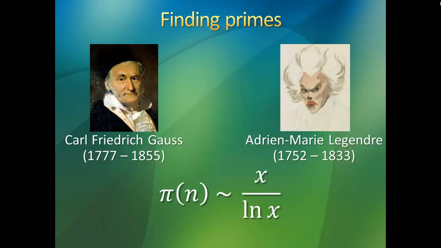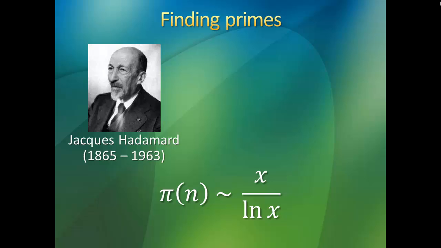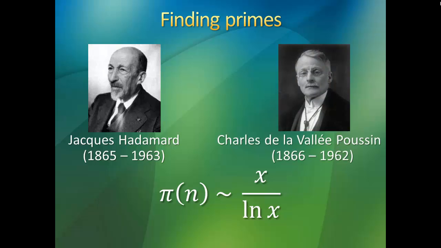This was later proven in 1896 by French mathematician Jacques Hadamard and Belgian mathematician Charles de la Vallée-Poussin, independently of each other, and is now known as the prime number theorem. So this gives us at least some idea of how rare the primes are, though it further supports the fact that the prime numbers are in fact infinite in number. x over log x does in fact keep growing, even though it does so quite slowly.